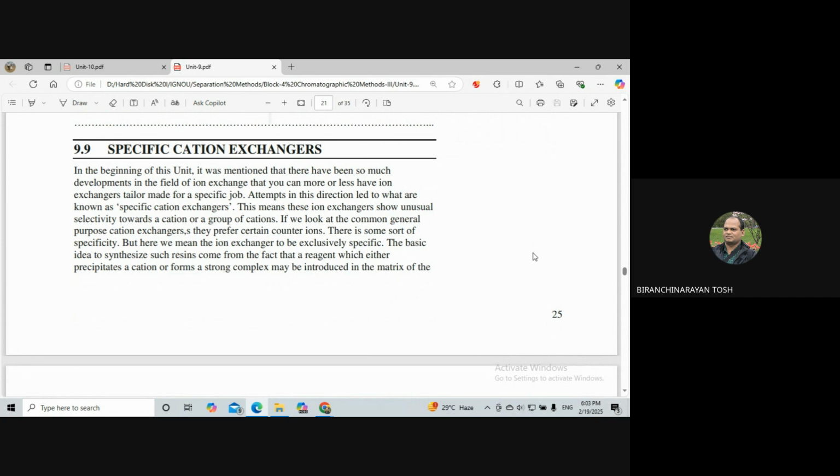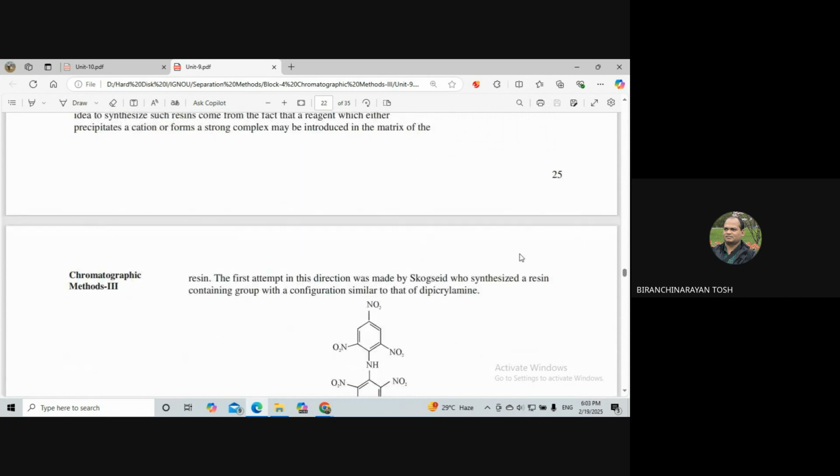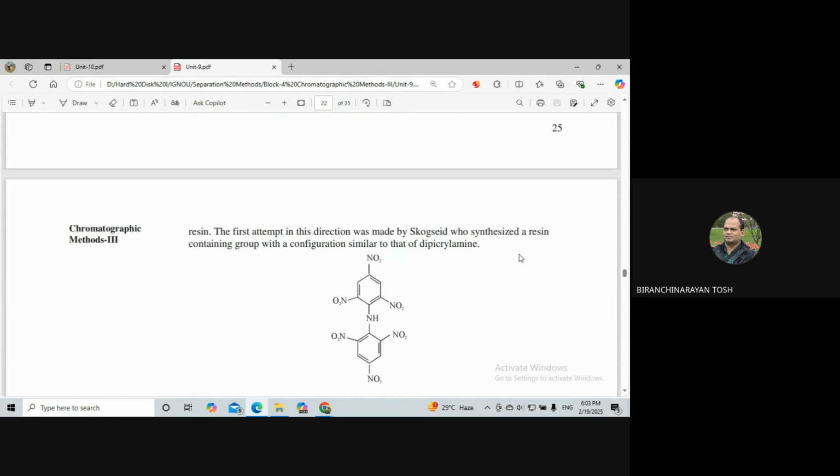Now, if we consider specific ion exchangers, what are the specific ion exchangers we can use here? Dipicrylamine. Picric acid is 2,4,6-trinitrophenol. Here one OH group is substituted by NH and they are linked together, so two picric acid groups are joined.